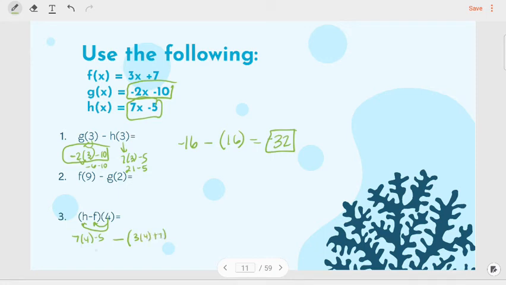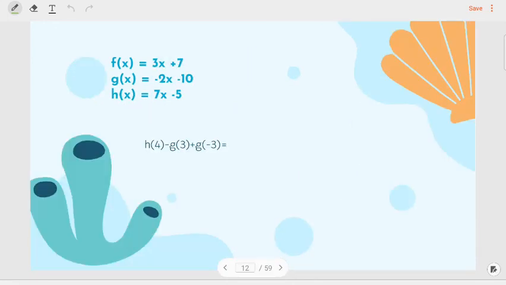And I simplify. 7 times 4 is 28, minus 5 is 23, minus, now let's simplify this part, that's 12, plus 7 is 19, so 23 minus 19 is a grand total of 4. And that's my answer.